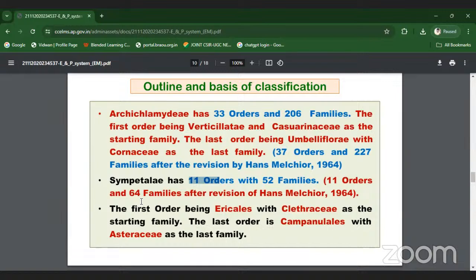In the revision by Hans Melchior in 1964, there are 11 orders and 64 families, so some extra families are added. The first order is Ericales with the Clethraceae family, and the last order is Campanulales with the Compositae. This also follows the phylogenetic.